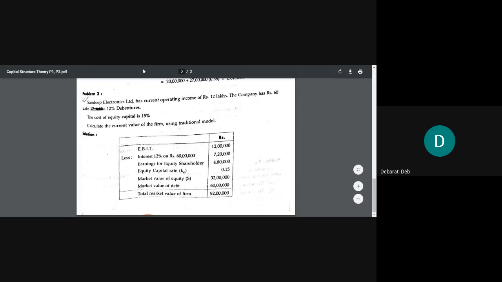What will be the value of the levered firm? 10 lakh plus 12 lakh into 0.5.